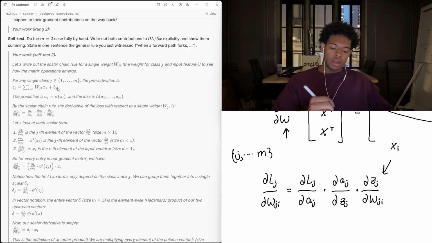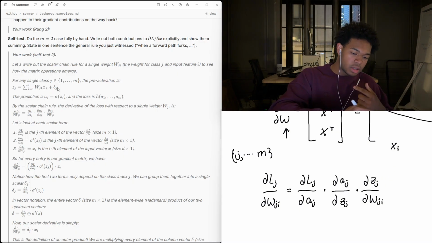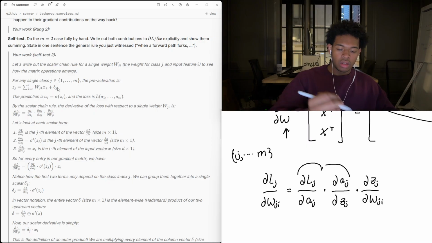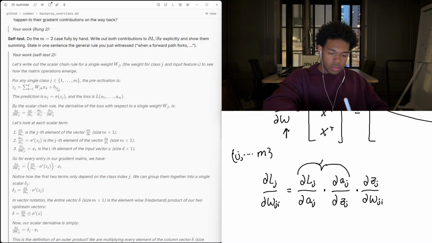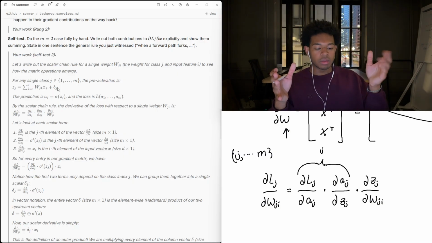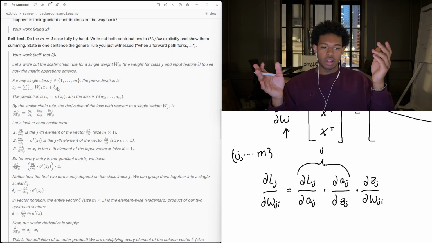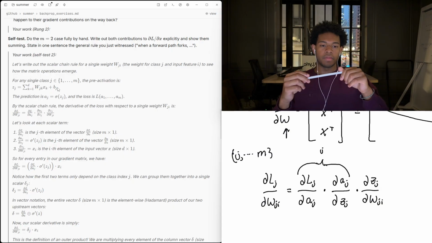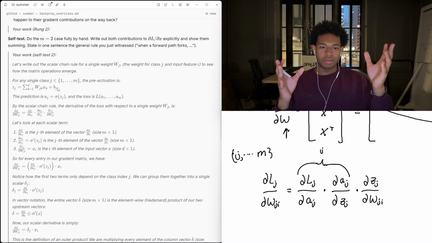Now, just recalling what VaultChat had said, interestingly, these two are both purely indexed by j and have shape m, which means they are a Hadamard product.